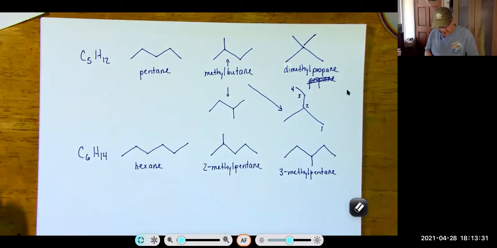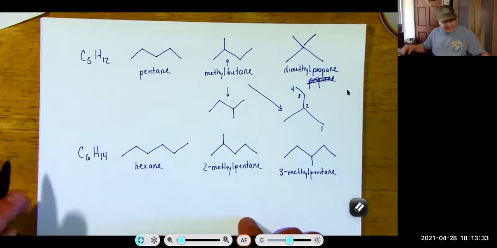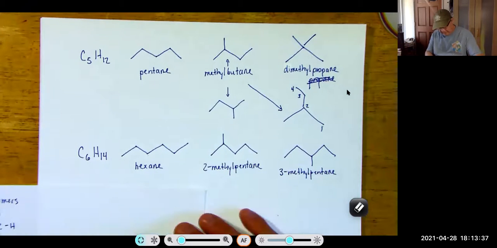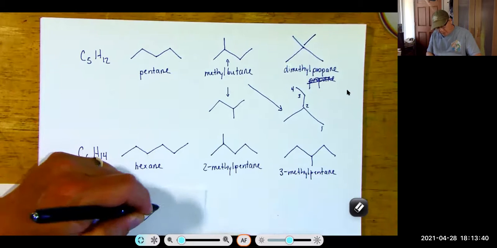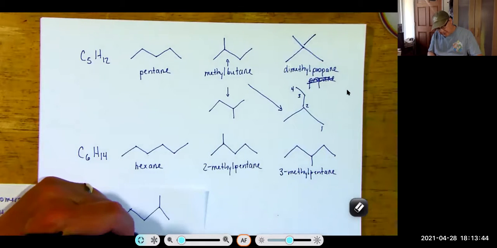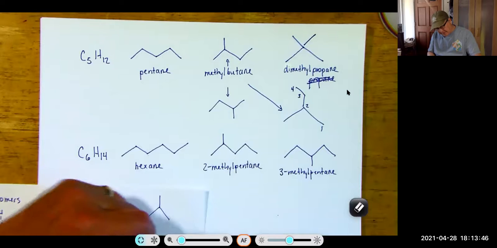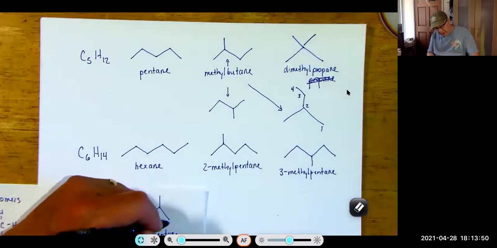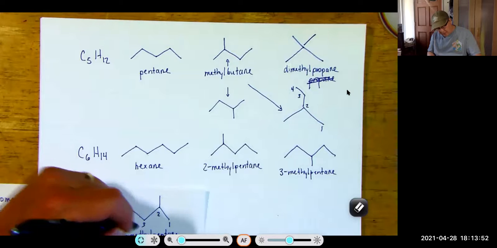Now, what would happen if we did this? What would that be? Well, that would be 2-methyl pentane, because we would number here 1, 2, 3, 4, 5.